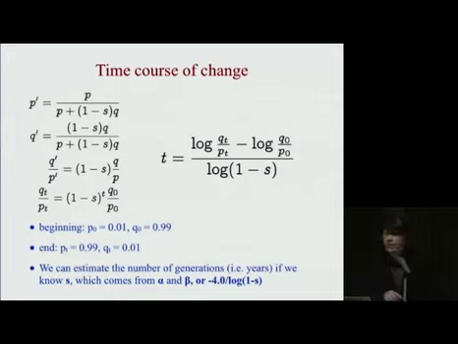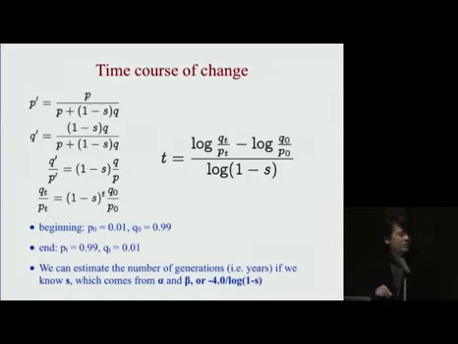As long as you can measure alpha and beta, which will give you S, you can assume in the beginning a new variant is very rare, 1%, and the other is 99%. But after some time, the new variant is now almost all there is to it, and the old variant is now at 0.01.